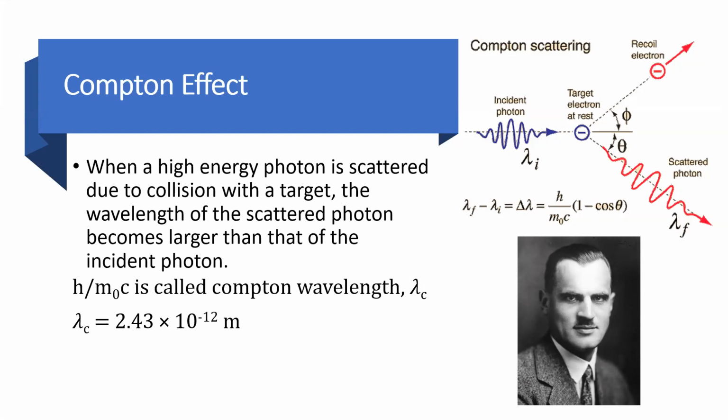When cos theta is 0, this will become 1, right? So the difference in wavelength will be the Compton wavelength. It will be a constant. So when is cos theta 0?